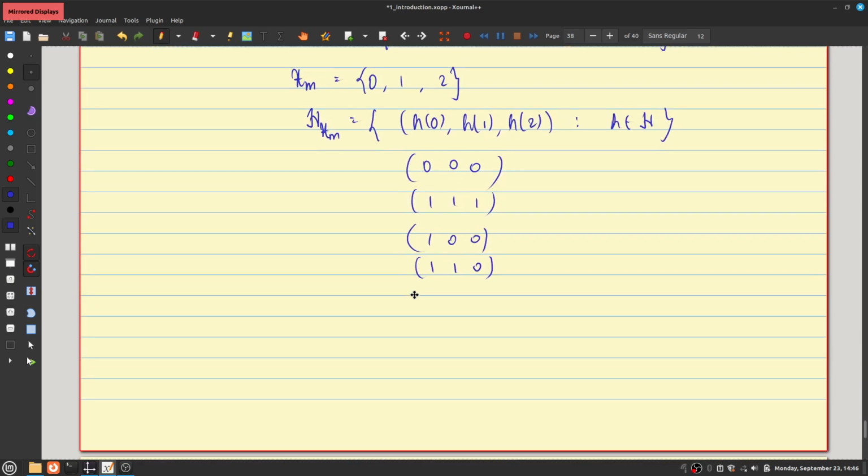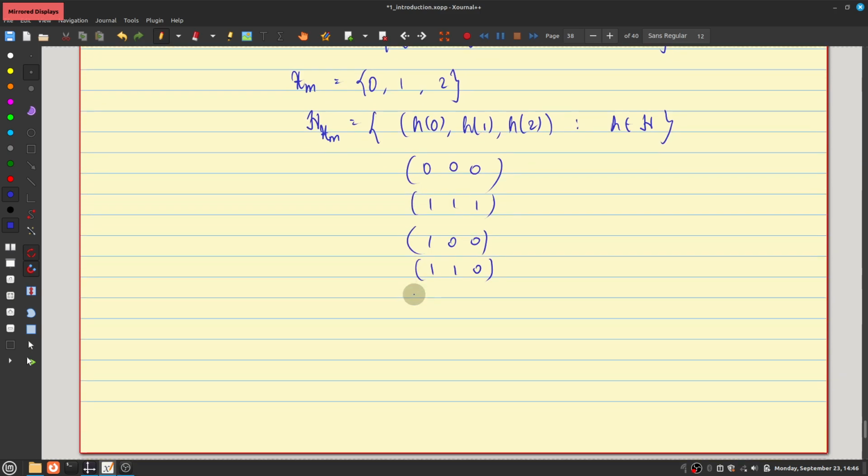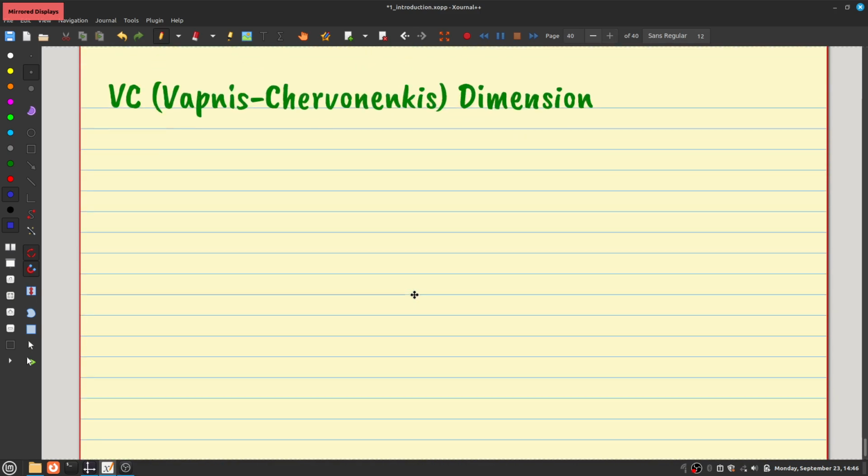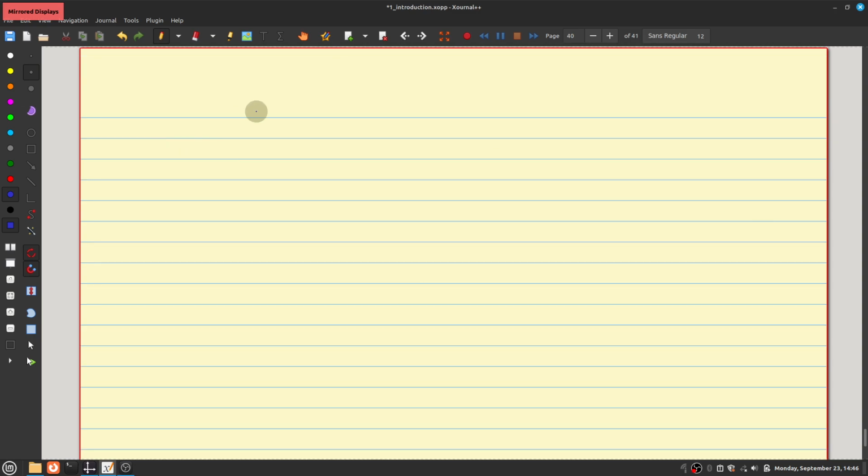So this particular scenario, where the restriction is equal to... suppose size of xm equal to m, xm a subset of X, and H is a hypothesis class.